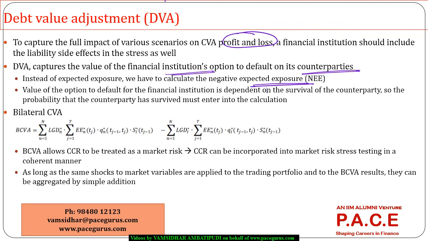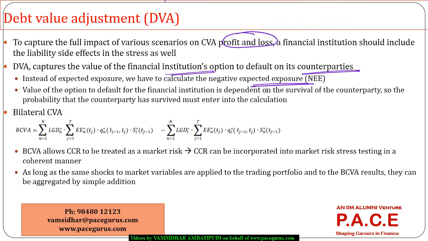And at the same time, one more thing that needs to be brought in: if I have to default to my counterparty, first of all, that counterparty should survive. Otherwise, there is no question of me defaulting to the counterparty. If that counterparty has already defaulted by now, there is no question of me defaulting to my counterparty.